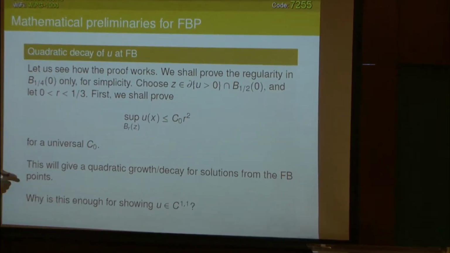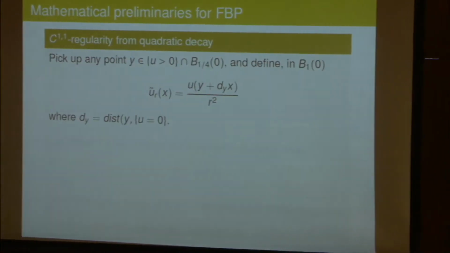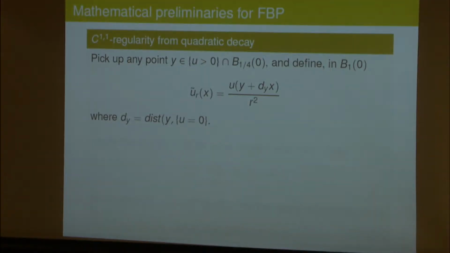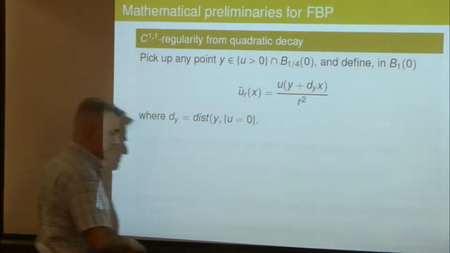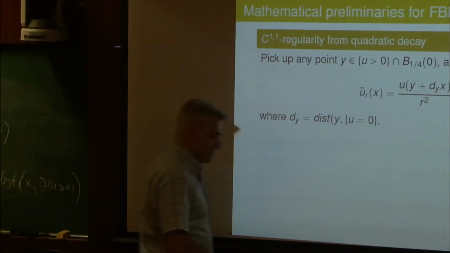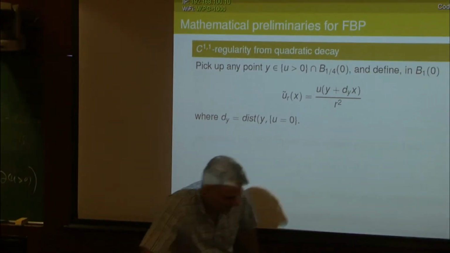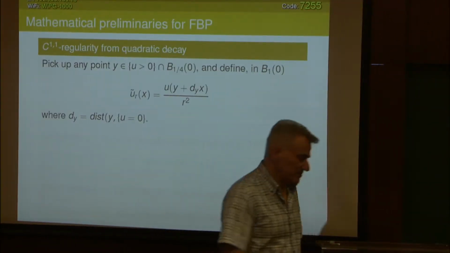So this I'm claiming would be enough to do regularity. And here is the proof for you. What we do is take any point in the set where u is positive, and let me give you a picture.